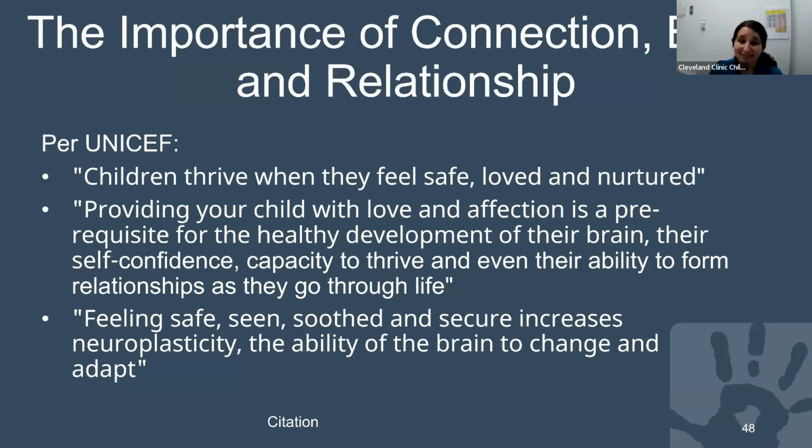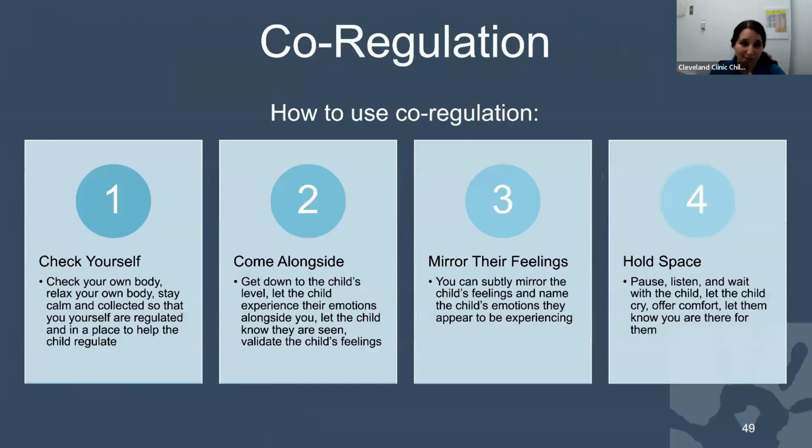So if a kid doesn't feel calm or doesn't feel that love and nurture and support, it's hard to expect their brain to develop in the way that we're wanting, which then is going to make it hard for them to develop their coping skills. So feeling seen, feeling safe, feeling secured, feeling soothed are all things that help the brain to grow.